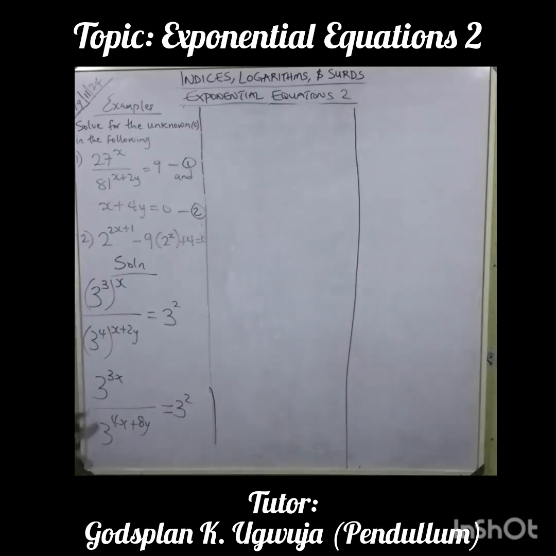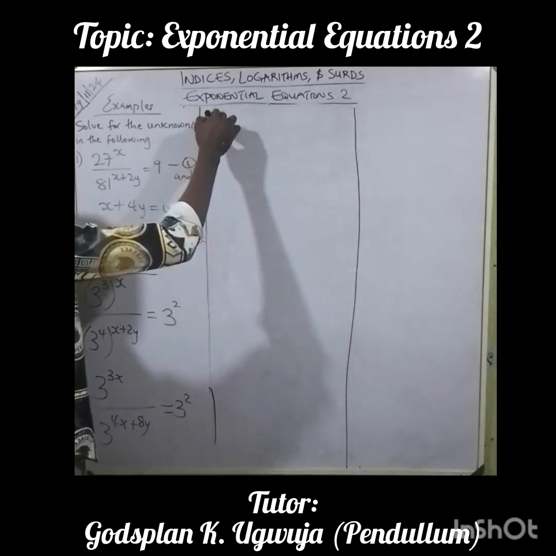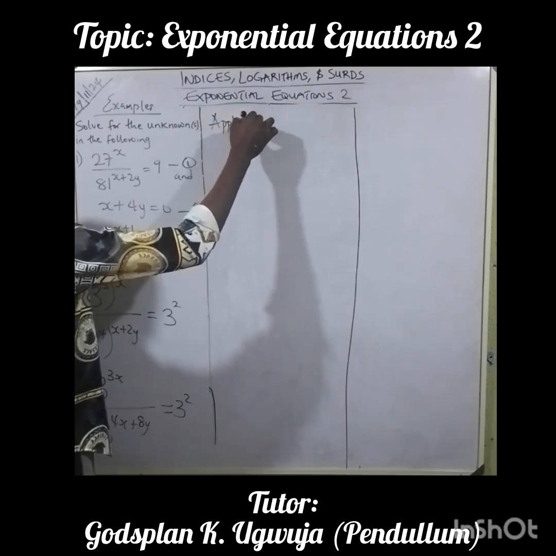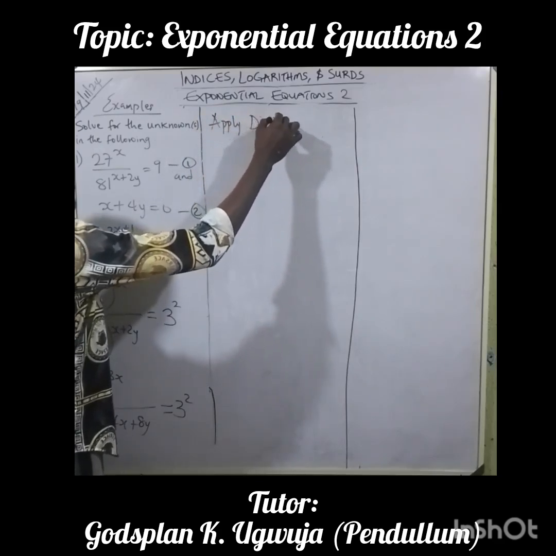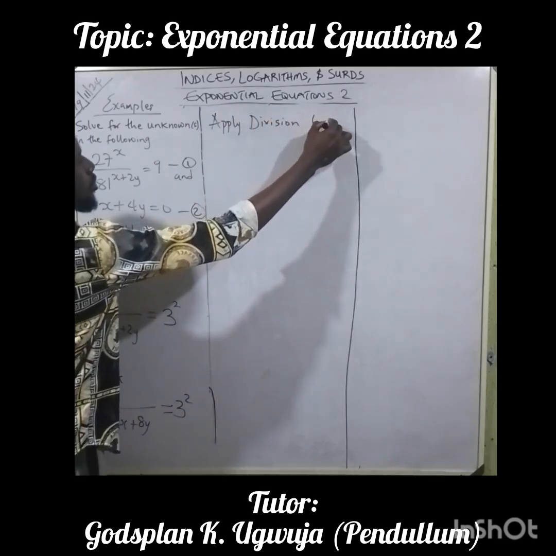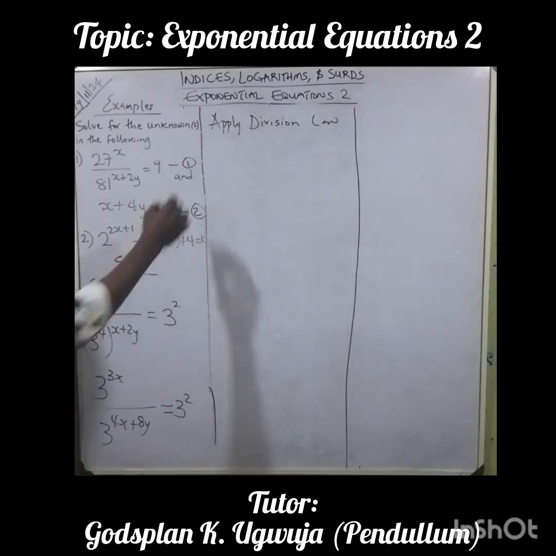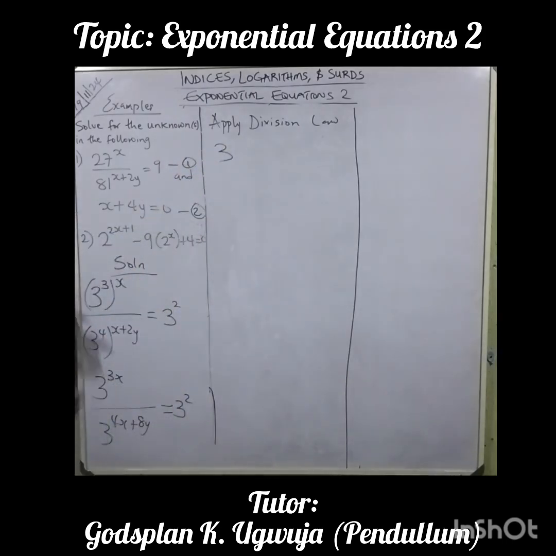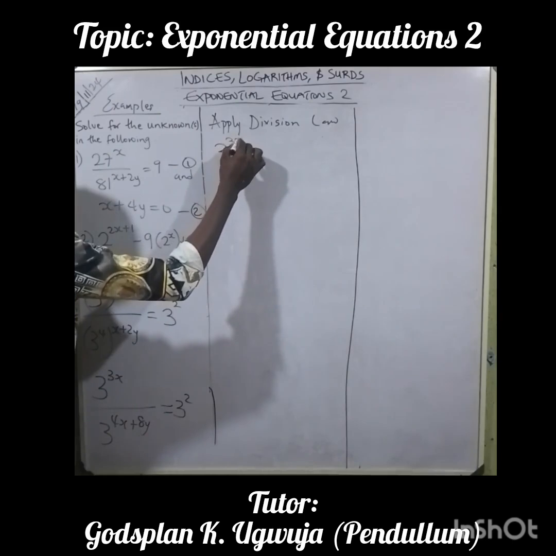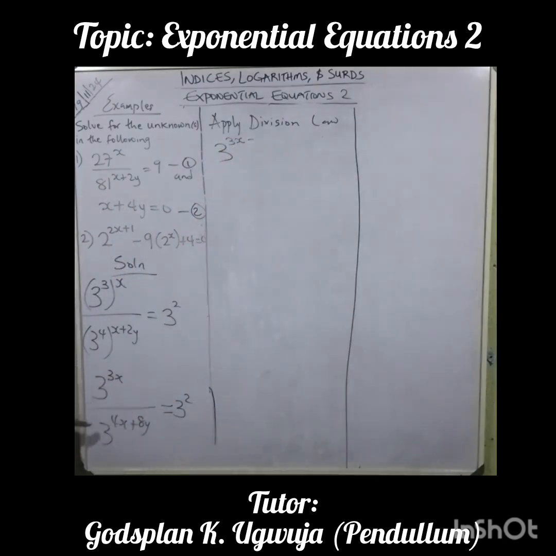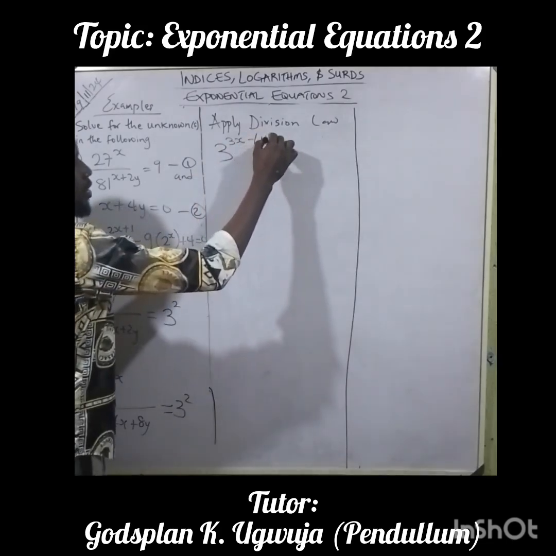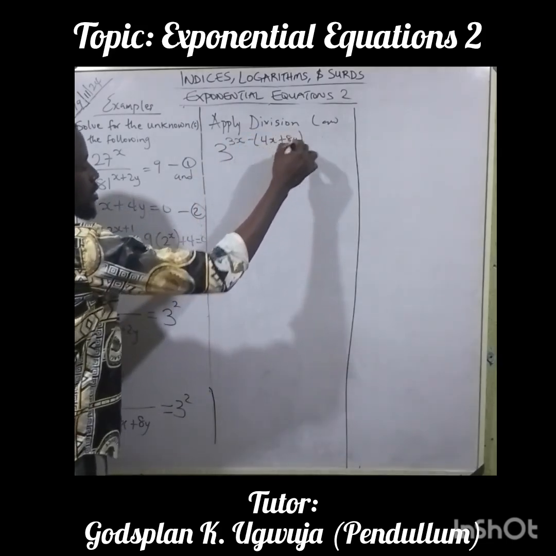Now on this part I can apply division law. They are the same base, so I pick one of the bases, and then because of division I subtract the powers. So if I apply division law, I have that I pick one of the bases, 3, then 3x minus, that's division, minus 4x plus 8y.